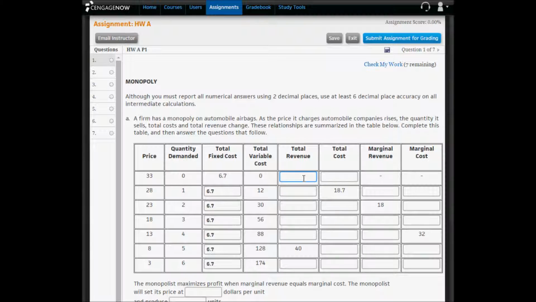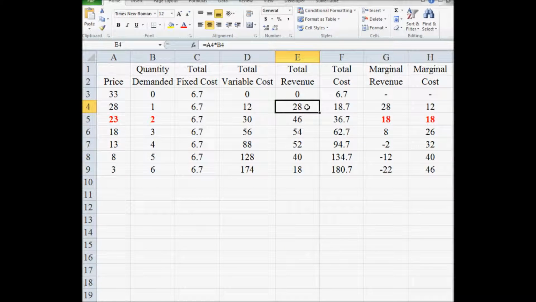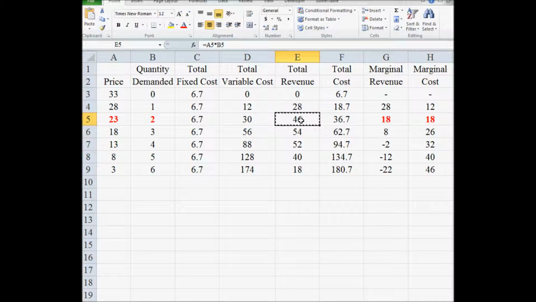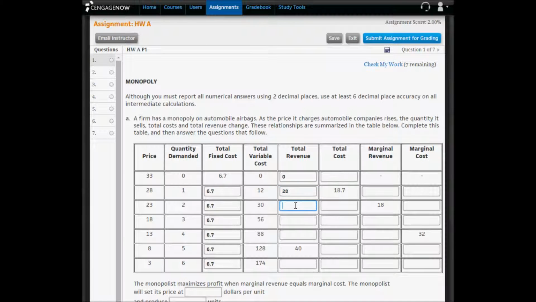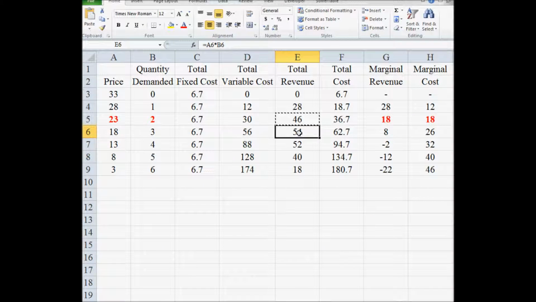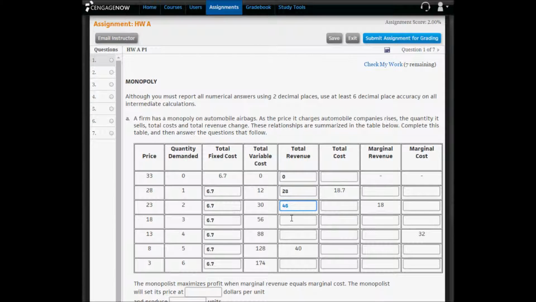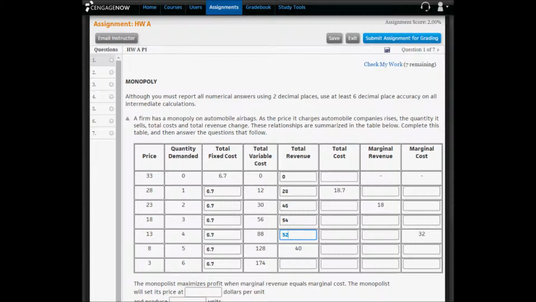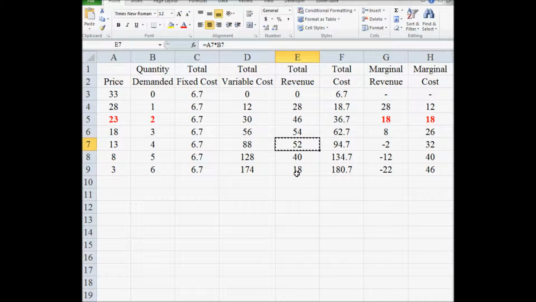Total revenue is price times quantity. I don't have to copy 40 because it's already in Cengage Now.